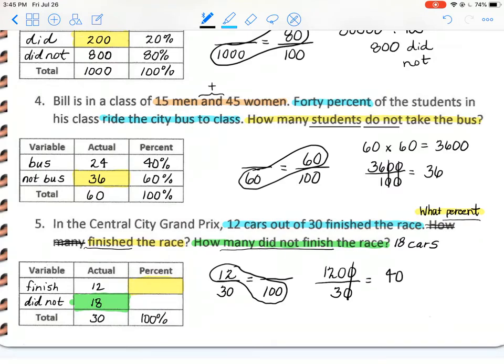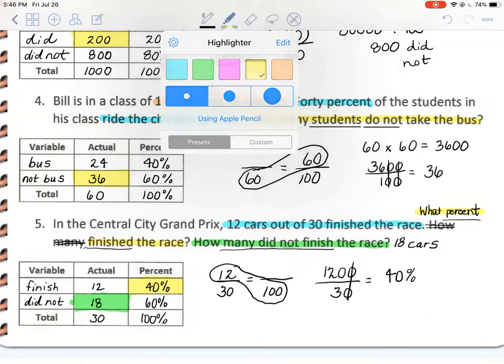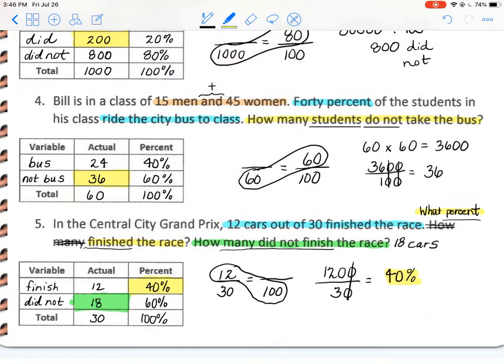Or you can just use your calculator, guys. I'm just doing mental math here. So 40% finished, and 100 minus 40 is 60% did not finish. But the two answers we're looking for are 40% and 18 cars. There's the first question, and here's the second one.